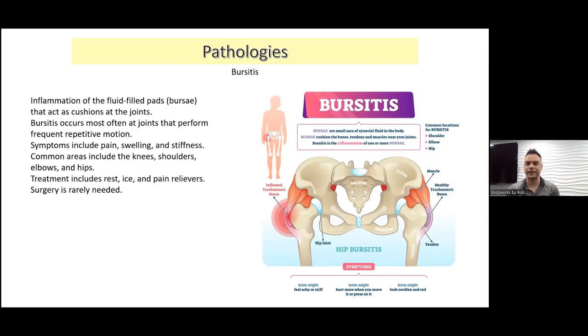So remember, palliative care is that pain and suffering care where we're providing a level of care to ease people's pain and discomfort, where what we're doing isn't going to make them better. They just feel better and kind of forget that there's a problem. So in this case, that's what we would be doing with bursitis. We would just be working very generally and trying to aim to reduce their pain and discomfort.